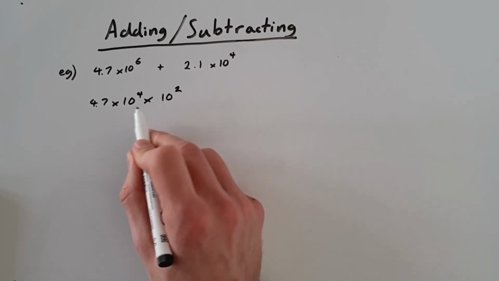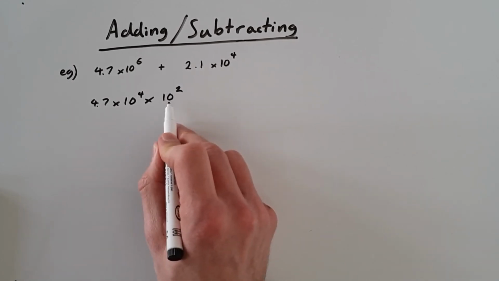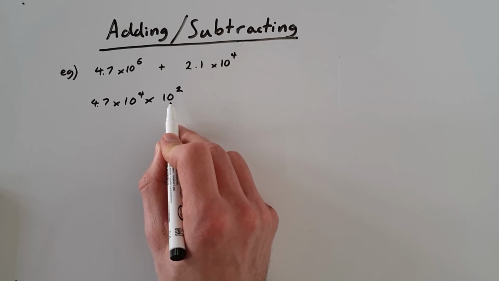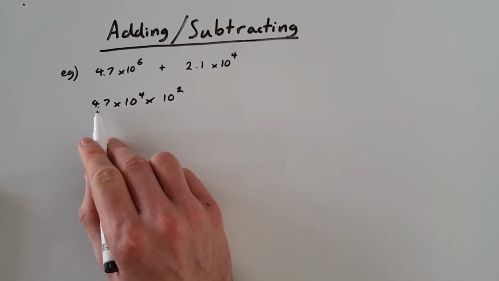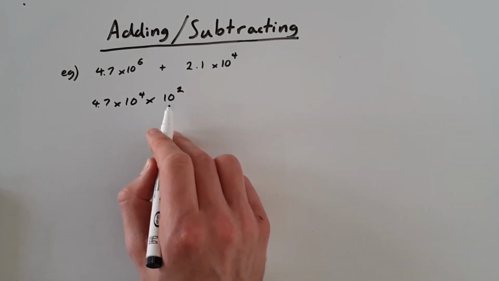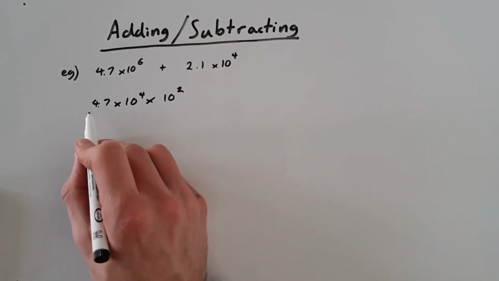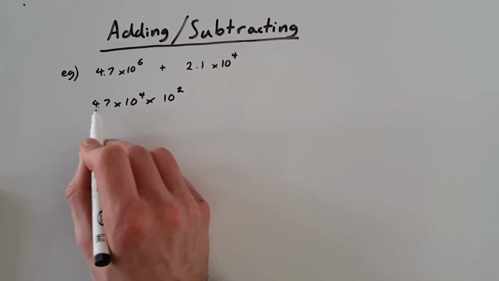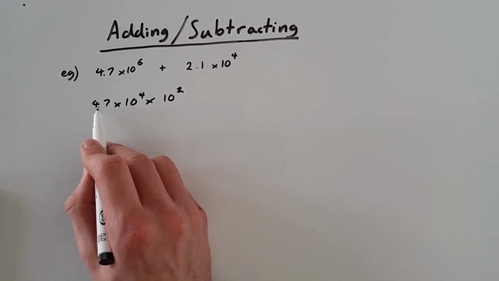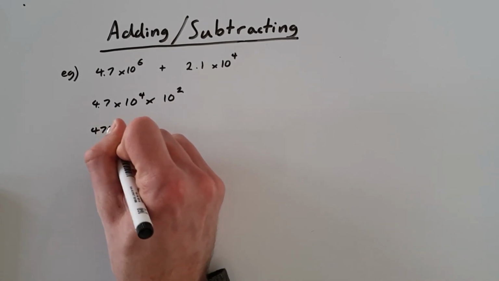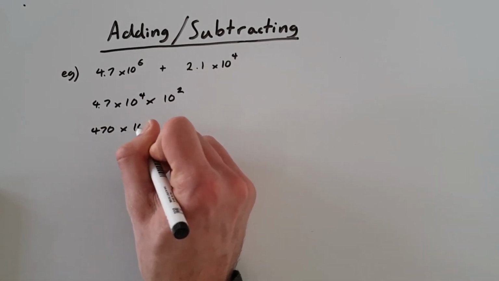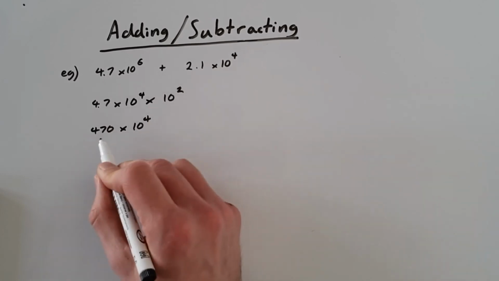In other words, this would now be just 100. 10 to the power of 2 is 10 squared, 10 times 10 is 100. So 4.7 times 100, we move the decimal point twice, so this will become 470 times 10 to the 4.